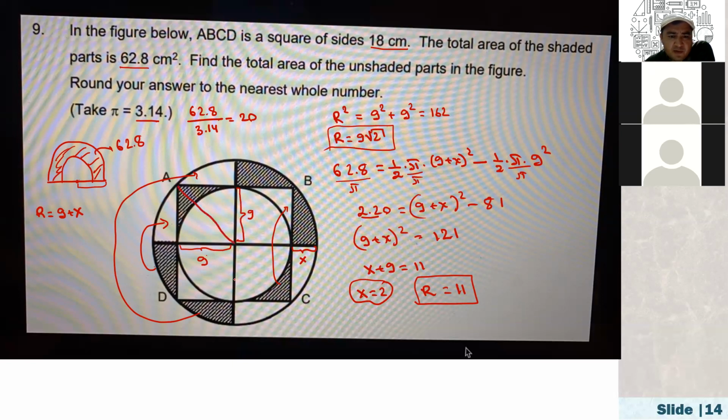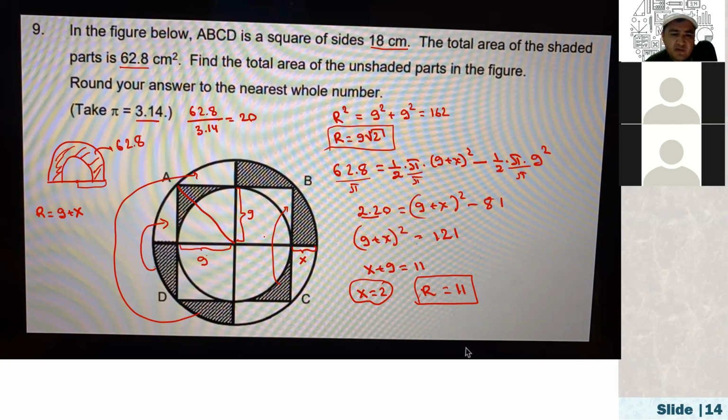If I draw here, the square root of 2 times 9. Interesting. Anyway, so now we know that the radius of the big circle is 11. Let's just continue, and maybe I'll discuss this later. And maybe the question is wrong.